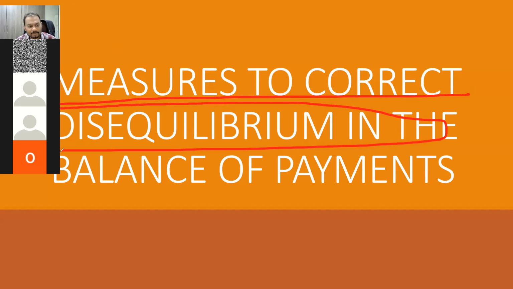When there is disequilibrium, should we correct it? Yes. So when the debits are more than credits, should we try to ensure that credits are more and debits are less? Is that our objective? Yes. So we should ensure that less money goes out of a country and more money comes into a country. Now, how to do that?